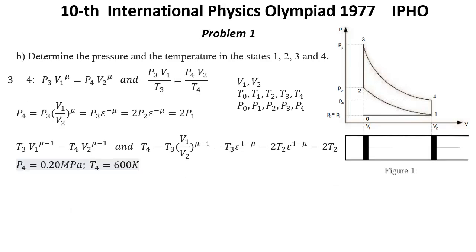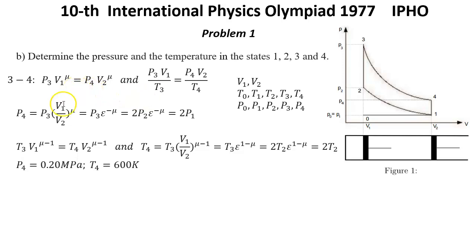For process 3-4, the expansion is adiabatic, therefore we have equations similar to the equations for process 1-2. So it means that P3 V1 power gamma equal P4 V2 power gamma, and P3 V1 over T3 equal P4 V2 over T4.